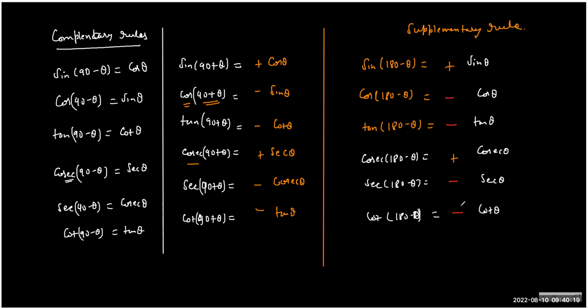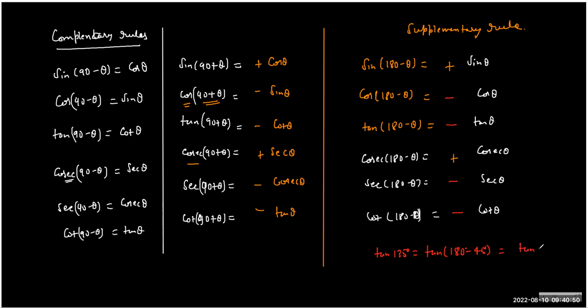So it's pretty easy. If someone is asking you what is, let's say, tan 135. Because it's more than 90, I can use the supplementary rule. I can also use the complementary rule. It really doesn't matter. As per the supplementary rule, we can write this as tan of 180 minus 45. And as per the rule, what is the answer?